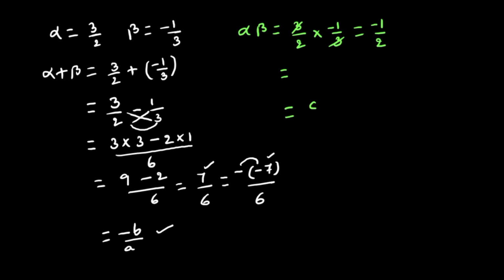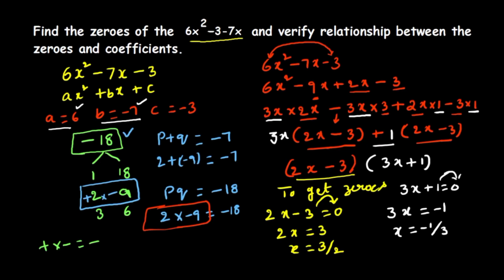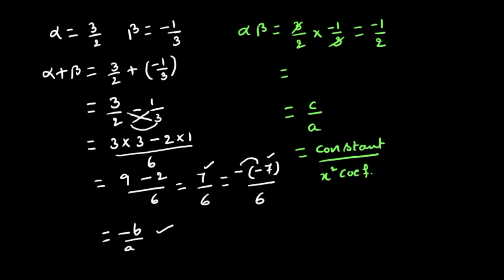That is c by a form, meaning constant by x square coefficient. So what is c? Checking the previous page, c is minus 3, a is 6. So here we write minus 3 by 6.